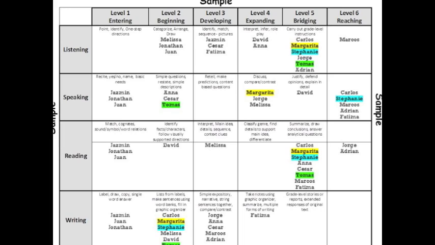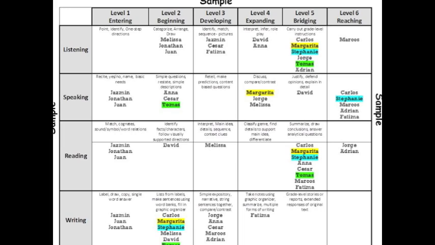Like Tomas, he's a level 5 on listening. However, look at Tomas on speaking. He is a level 2, and that is very common in English learners. They're going to comprehend and understand so much more than what they can produce.